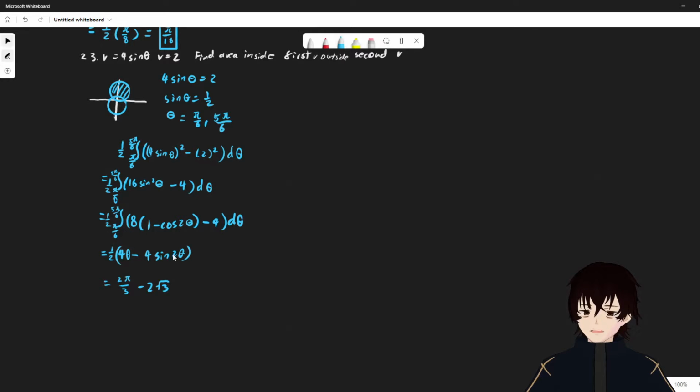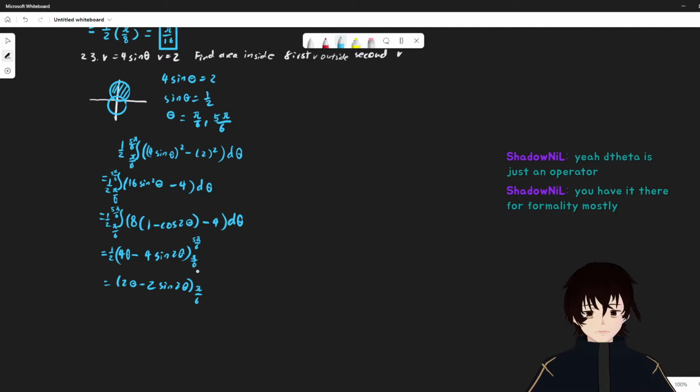Stop turning my 6 into zeros. Pi over 6, 5 pi over 6. And let's simplify that a little. That turns to 2 theta minus 2 sine 2 theta from pi over 6 to 5 pi over 6.